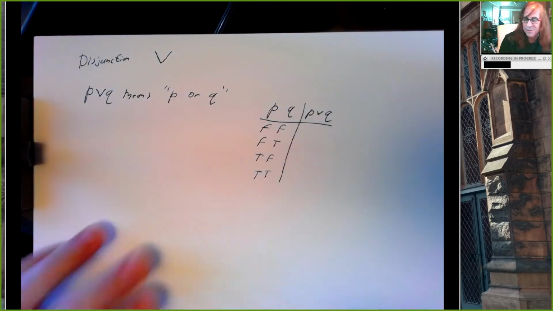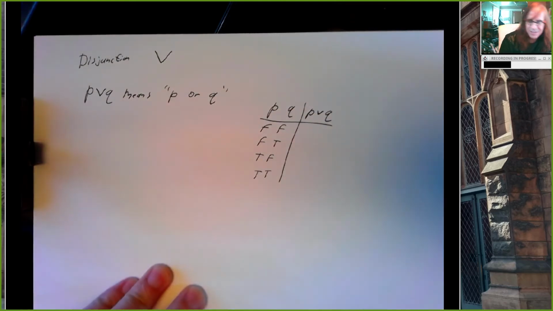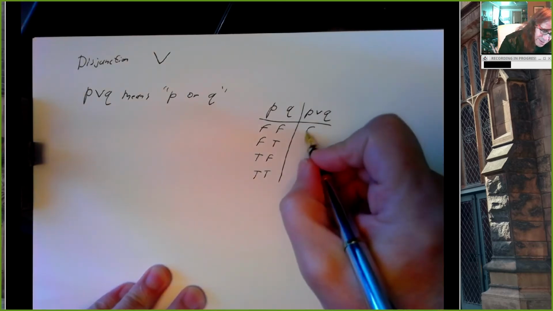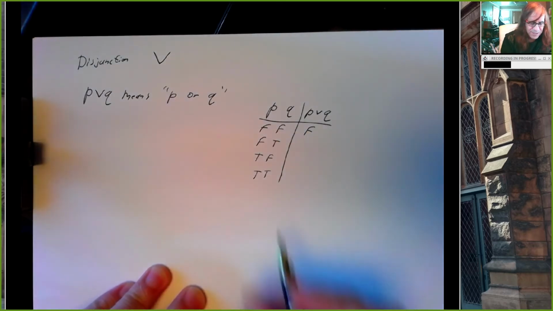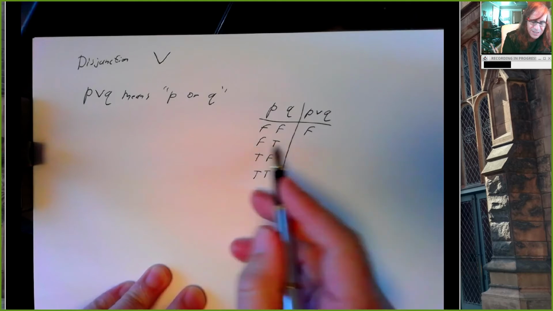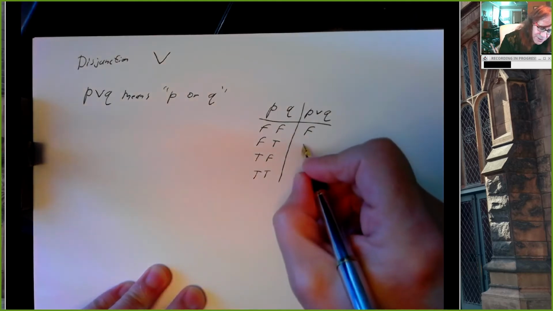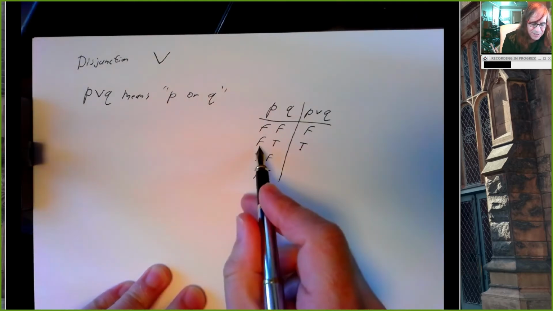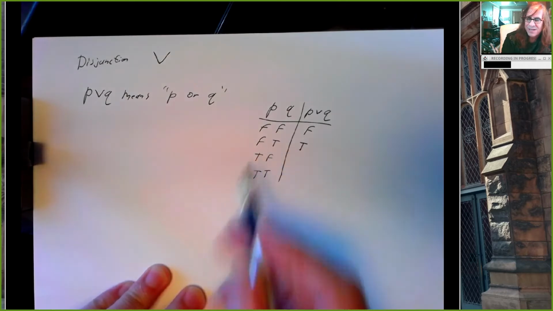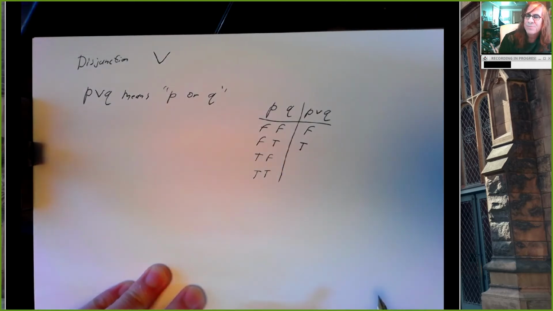If P and Q are both false propositions, then saying P or Q will also be false. But if Q happens to be true, then saying P or Q, yeah, that's true. I'm the Queen of England, or today is Wednesday. Well, that's a true statement.